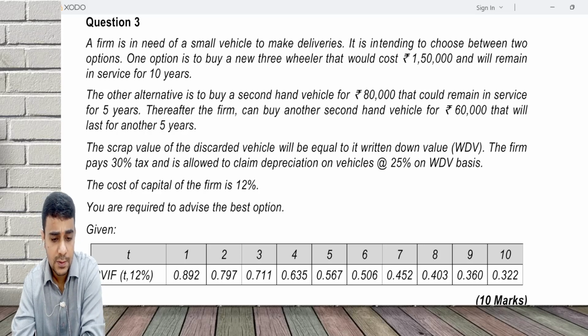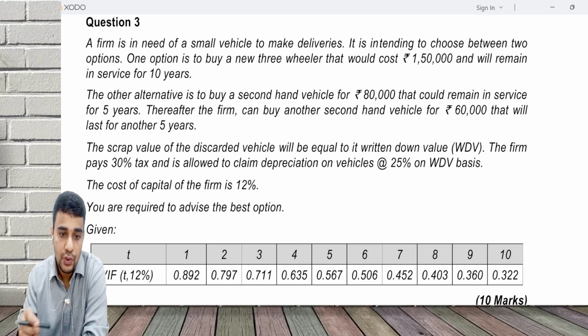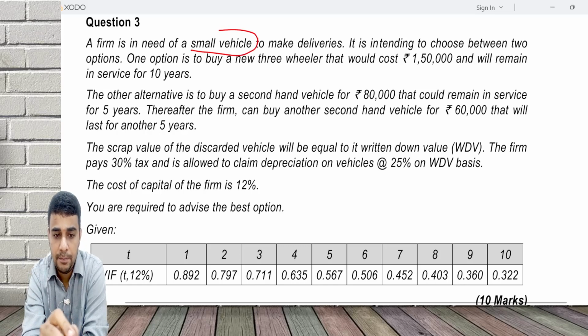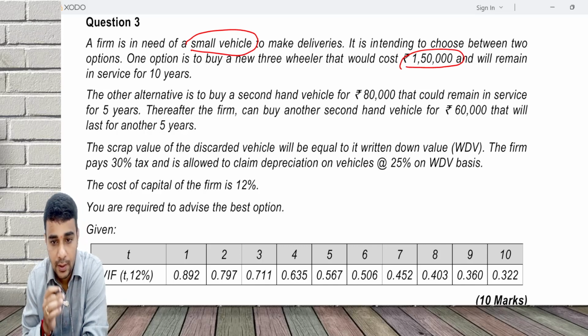This problem is on capital budgeting. The challenge this question gives is that you are planning to buy a machine or vehicle. You have an initial outflow and, in between, no inflow is given, because this is a project where only outflows are there.